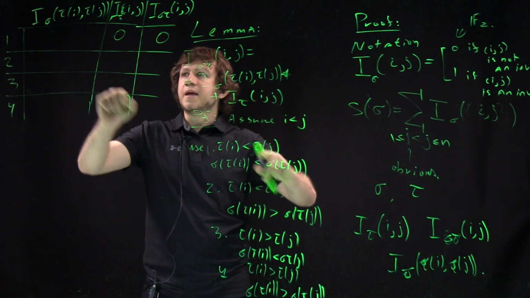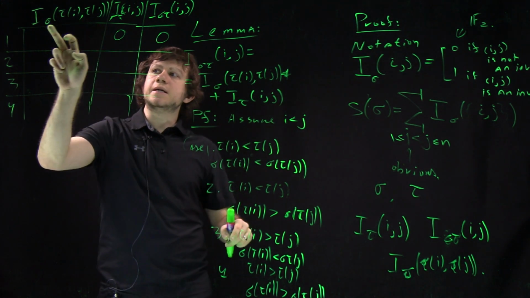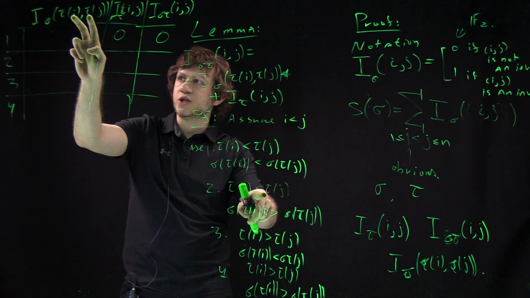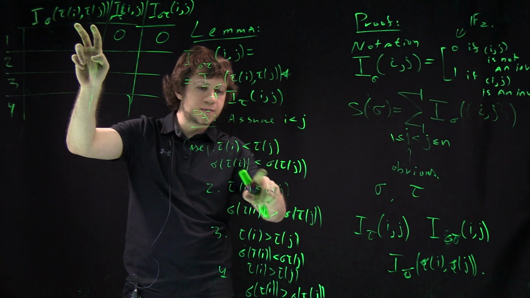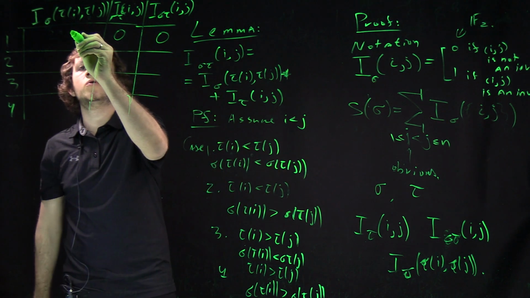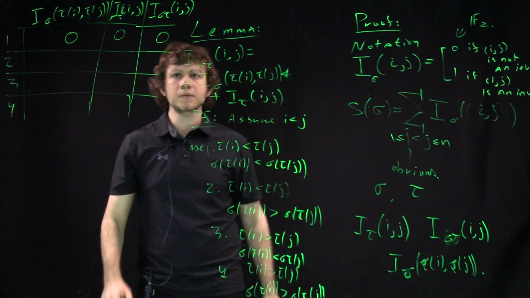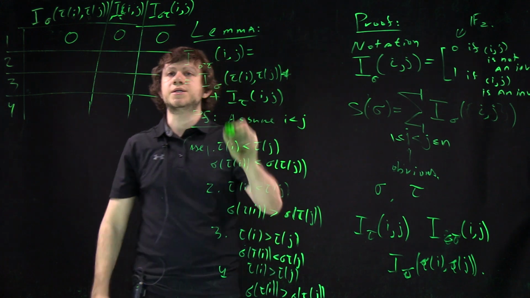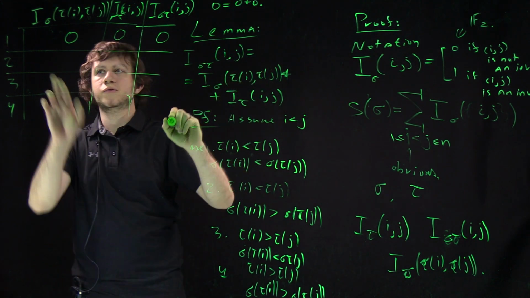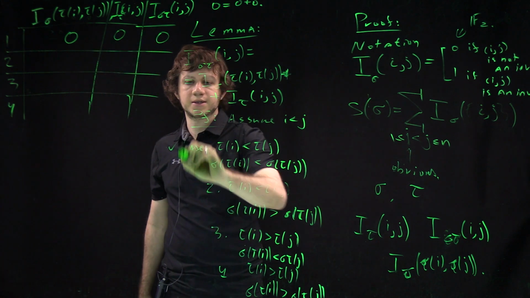But if you think about this one, sigma sends tau of i and tau of j, where tau of i is less than tau of j, to sigma of tau of i less than sigma of tau of j. So this is also not an inversion. In this case, we see that 0 equals 0 plus 0, so our formula is true. So this is fine. Case 1 is done.